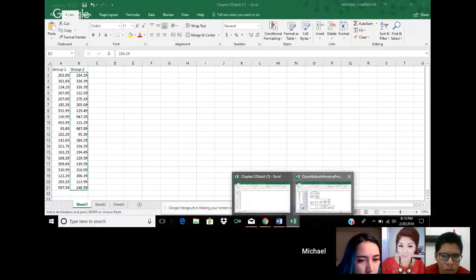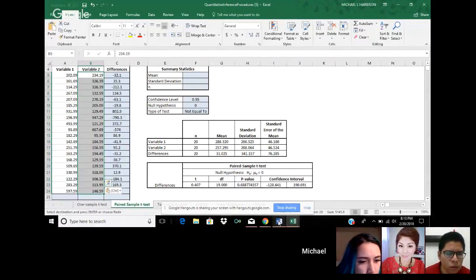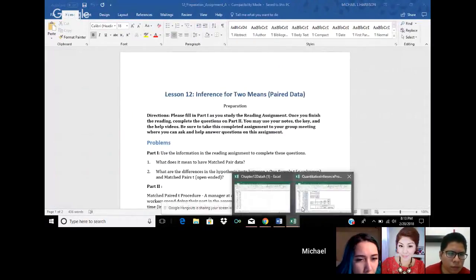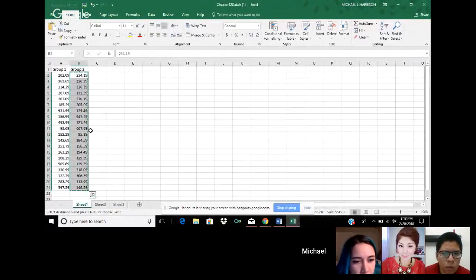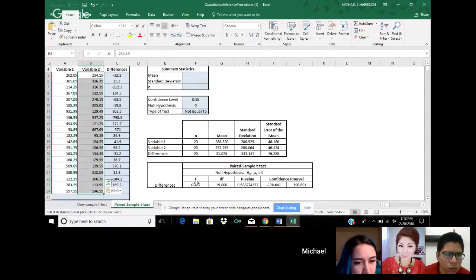And then this variable 2 is that column. And then it figured all of this stuff for you. See, it automatically populates the differences, and it populates all this.